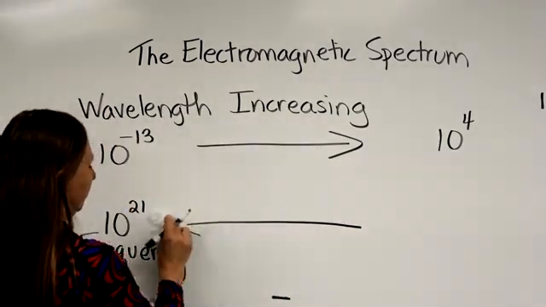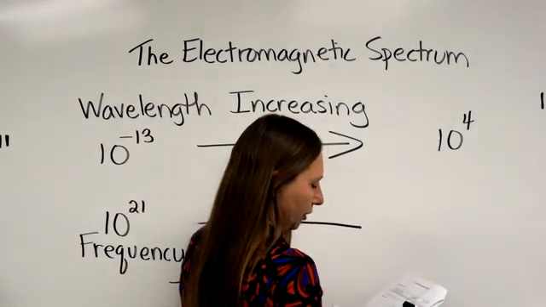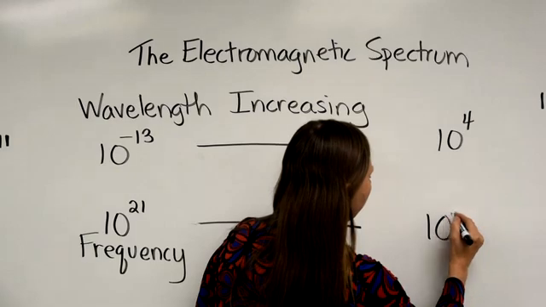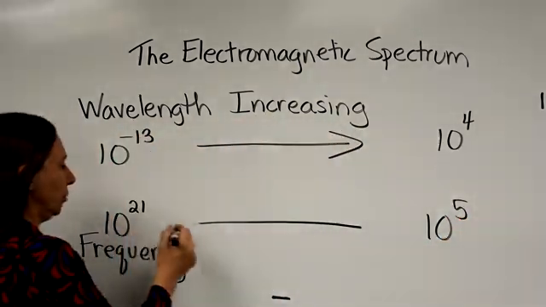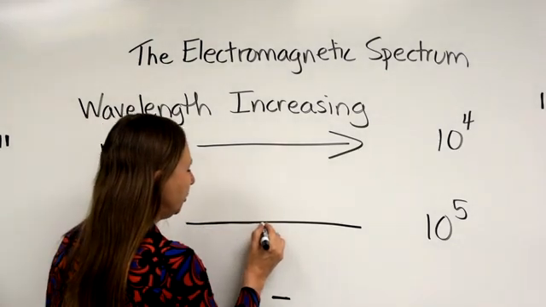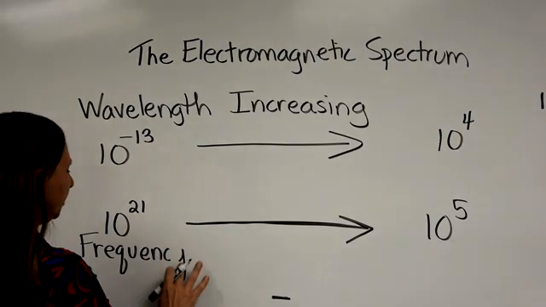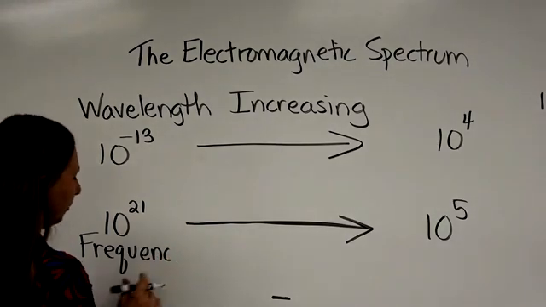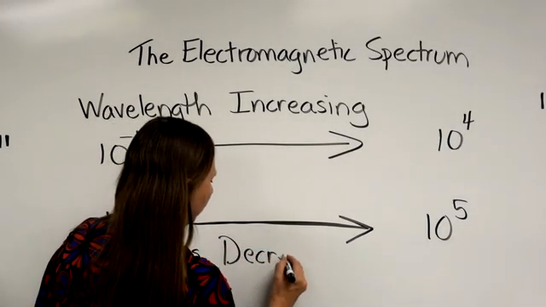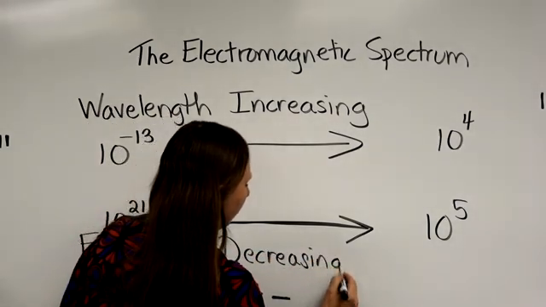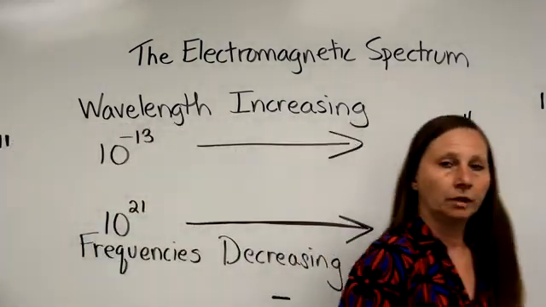Over on the right, you've got 10 to the 5th, which is a lot smaller than 10 to the 21st. So as you go to the right on the chart, the frequencies are decreasing.